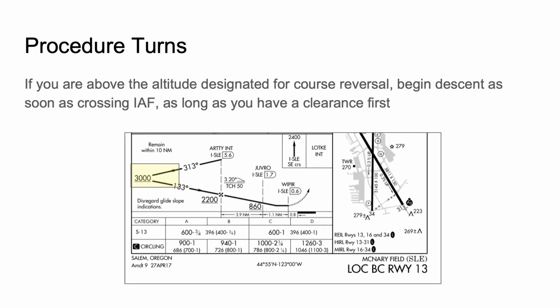If you are above the altitude designated for the course reversal, you can descend down to that altitude as soon as you're outbound on the procedure time, as long as you have a clearance first. It's really important that you hear cleared for the approach before you start descending to any of the altitudes on your approach plate.